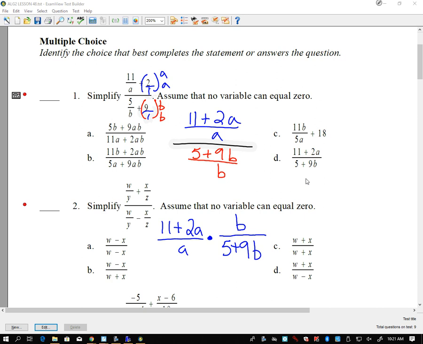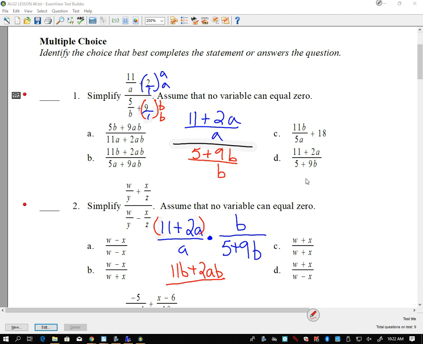Okay, so multiply across the top. So what are you getting then? 11 plus 2ab. Close. No parentheses needed, but you didn't distribute the b to the 11. Okay, so that should be 11b, right? Because I'm multiplying that b into each of those two terms, right? All over what?